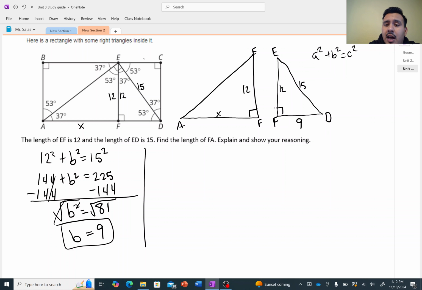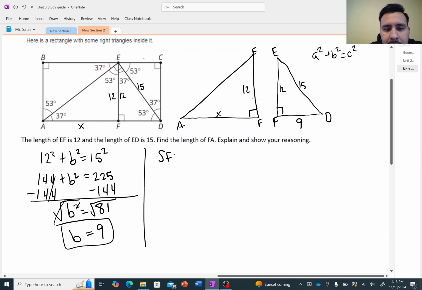The 12 for triangle AFE is actually the small side of the triangle. So let's find a scale factor, SF. If I'm using the small side, I'm going to do 12 over my large side, which is X, right?